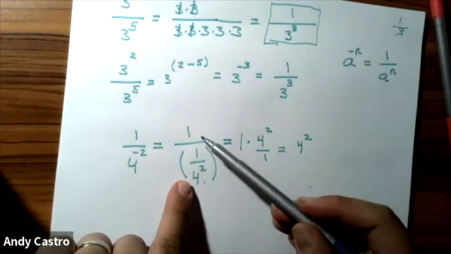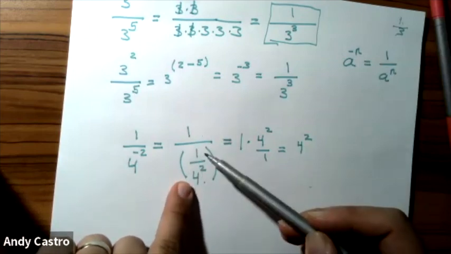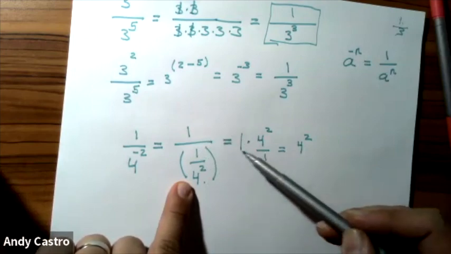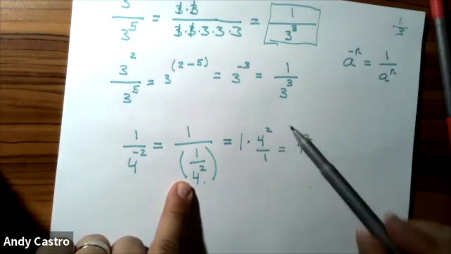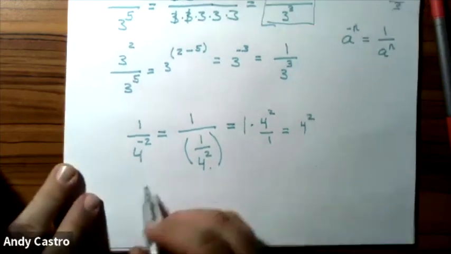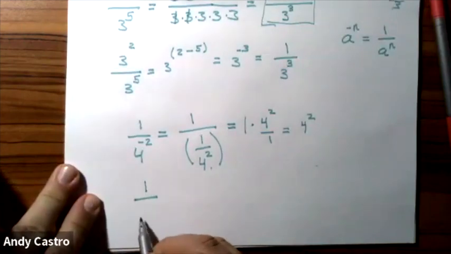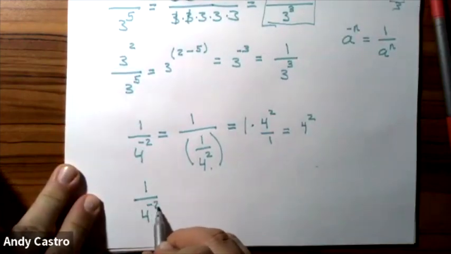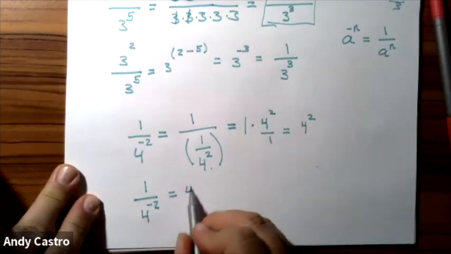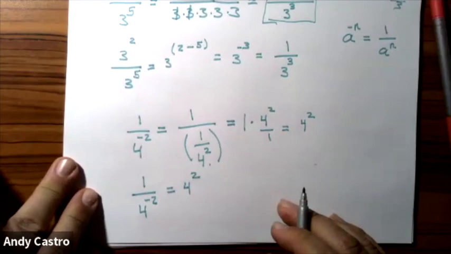So if I divide fractions, I take the top number, I flip the bottom number, and multiply them together. That gives me 4 squared. So we see that 1 divided by 4 to the negative 2 is equal to 4 to the positive 2.